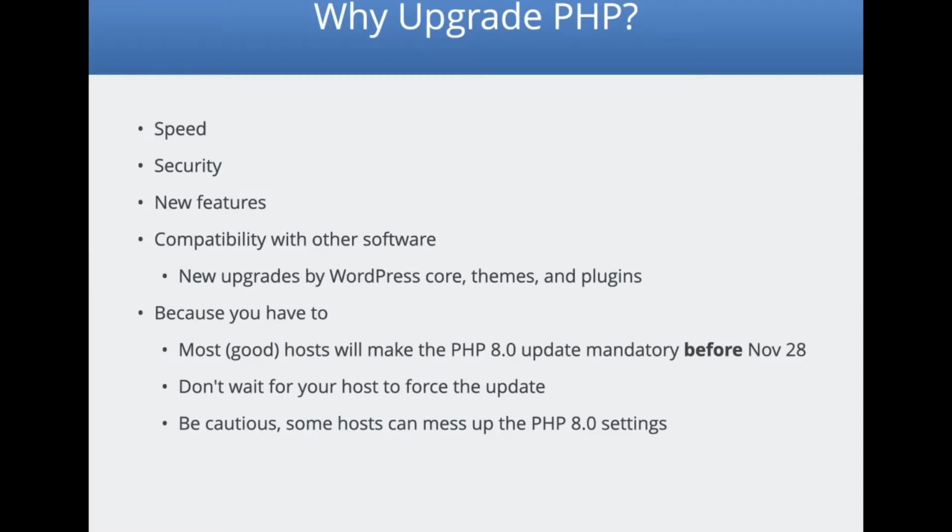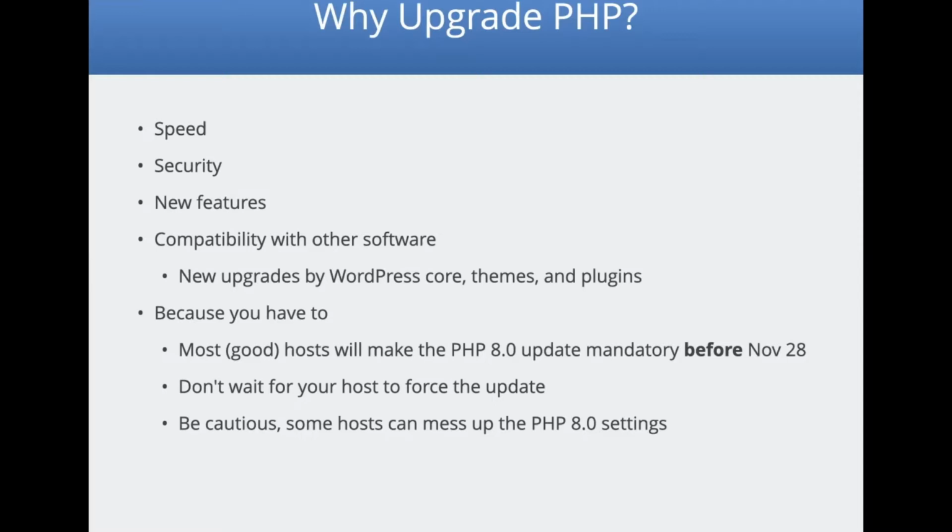And the other big one is compatibility with other software. If you're on an old version of PHP, you may not be able to upgrade WordPress core, themes and plugins, or your site could break if you upgrade them and they're not compatible with old versions of PHP.